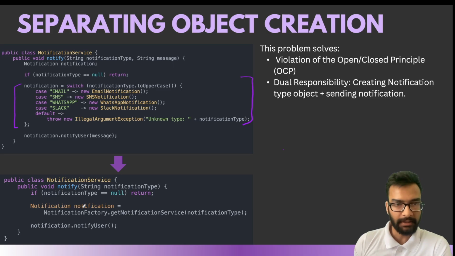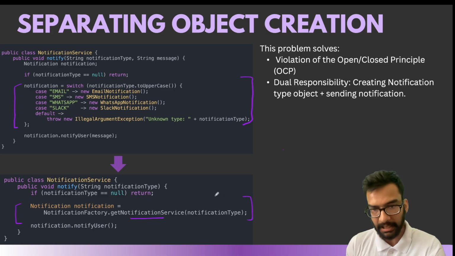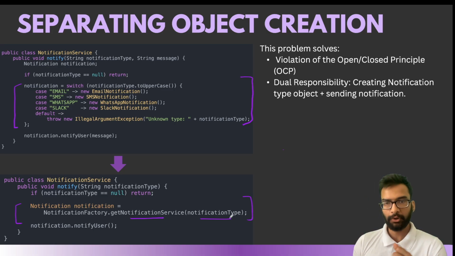After delegating, let's say we have a notification factory, we will come to its implementation later, but let's say somehow we have created this class and we have a get notification service, and the variable we require to get that notification service is the notification type which we are passing in that function. Once we have passed it to the notification factory, let's say it magically returns us the type of notification object, and then we can simply call notify users.